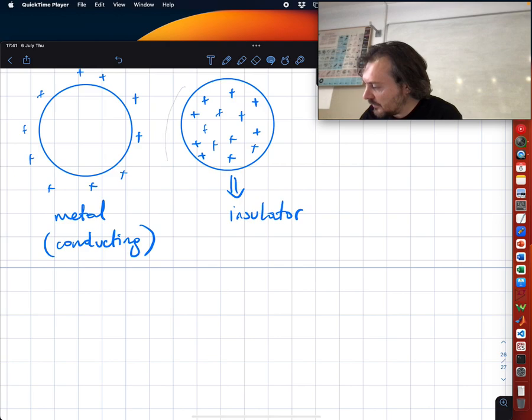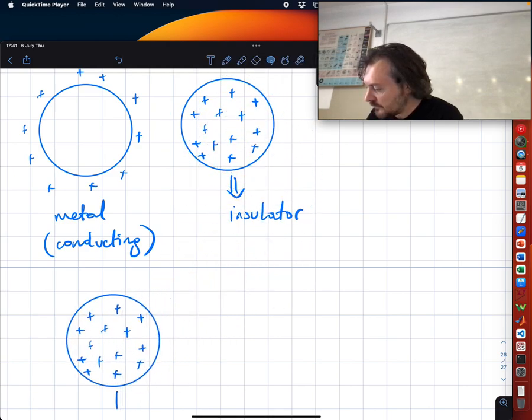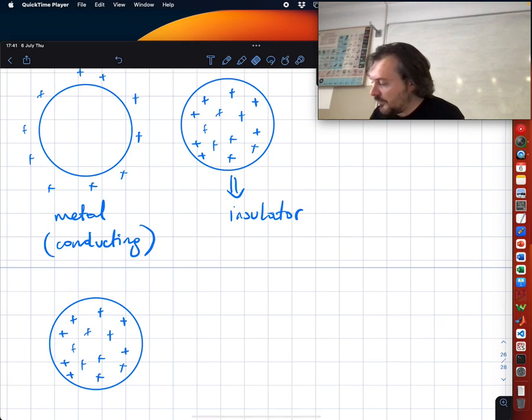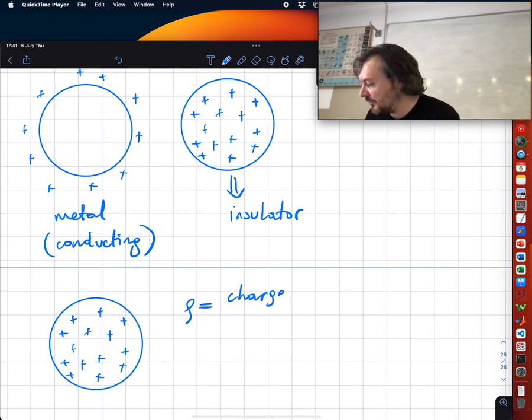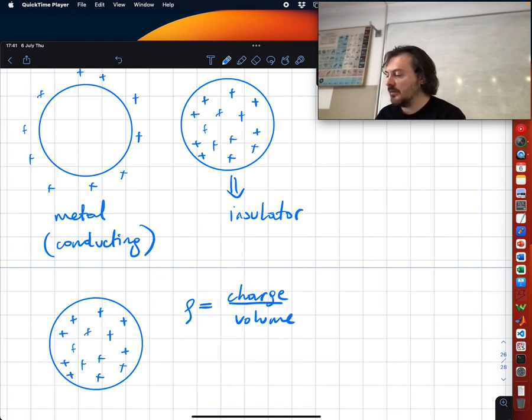So I'm going to start with this case. For this one, we need to define, I guess for the first time, the volumetric charge density, or simply charge density. Charge per volume. This is read as rho.